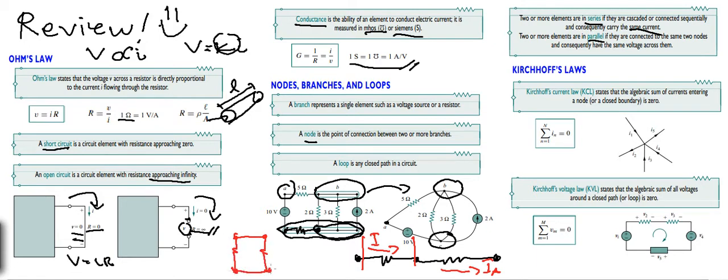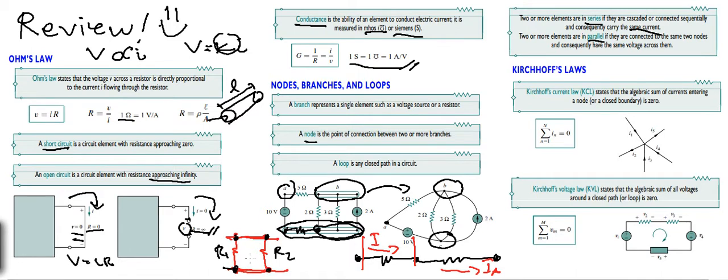If we have certain resistors, R1 and R2, we say they are parallel if and only if their voltages are equal. And also, they are connected at the same nodes. There are two nodes.